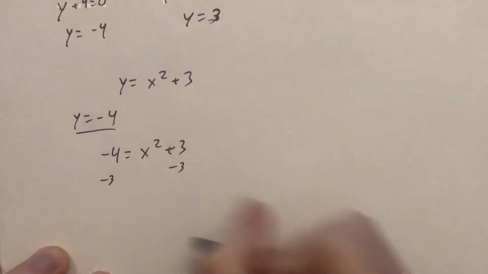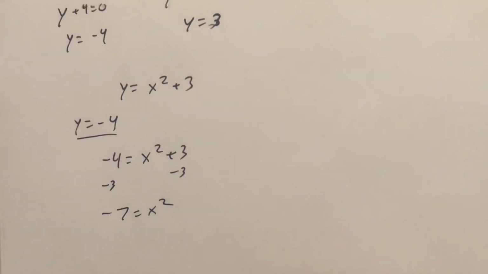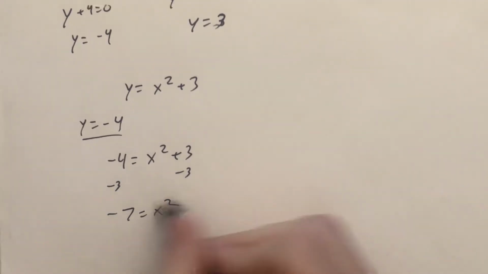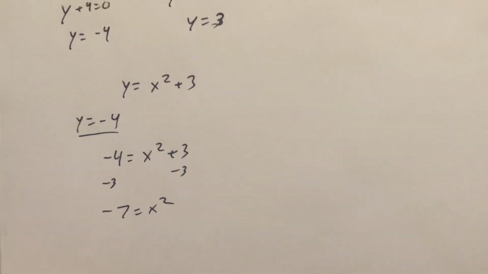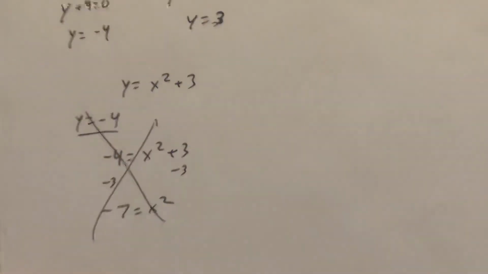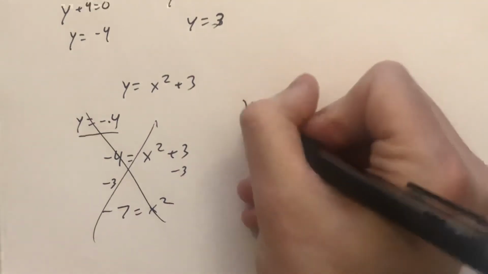Subtracting the 3 gives me negative 7. And right there, I'm seeing x squared equals negative 7, or if I thought about the square root property, we'd realize that that is going to lead to imaginary, non-real solutions. So if that's the case, we're not going to see any points from that. We can't graph imaginary numbers on our real axes, so that led to values that we cannot have for x.